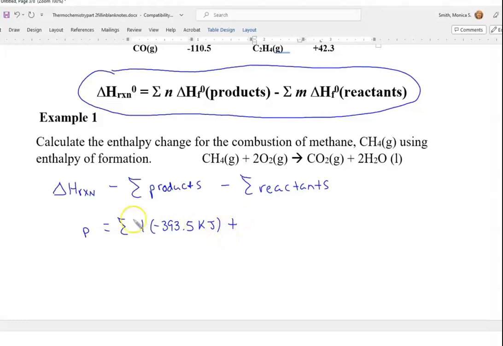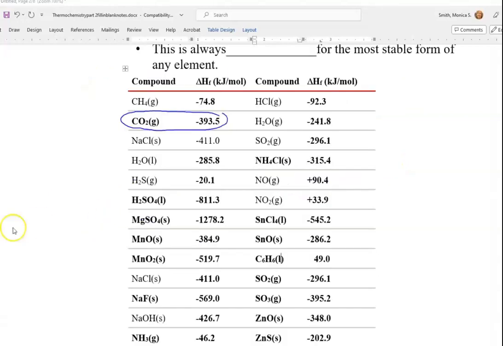Then I'm going to add, because that's what this weird symbol means, 2 waters. You have to be careful with water because water in that chart is in multiple phases. I want water as a liquid. Let me go back to my chart and find water. See how there's water as a gas? I don't want that one. Water as a liquid is right there: negative 285.5.